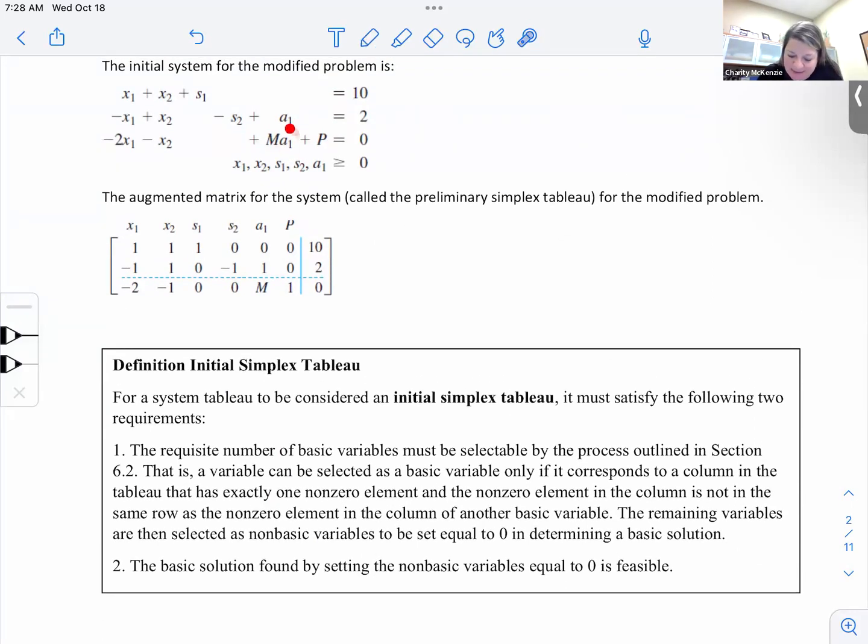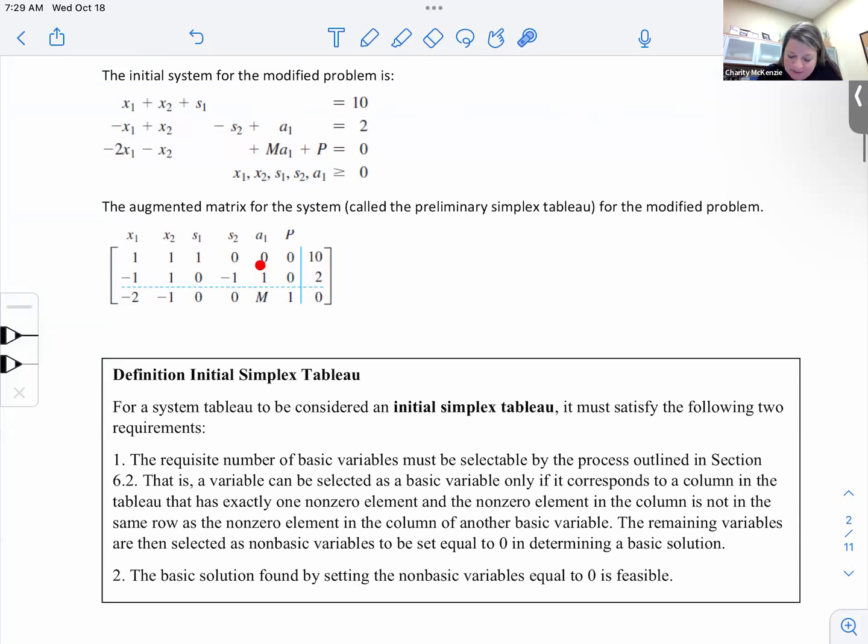Up here, it's MA1 in that P when you move it all over. So it'll have a 1 in whatever row and column had that wrong constraint, and the M will then be here. You don't write the A1 with it, just like you don't write the X1 with it.